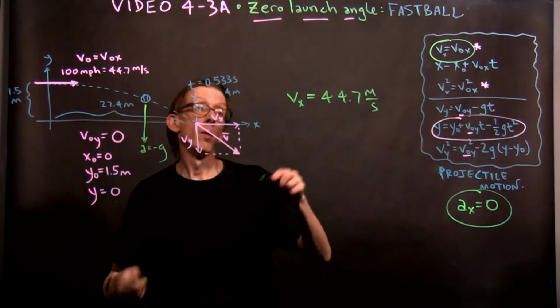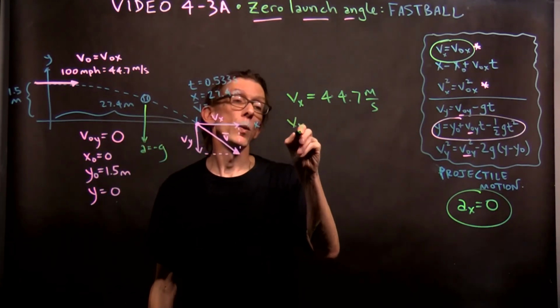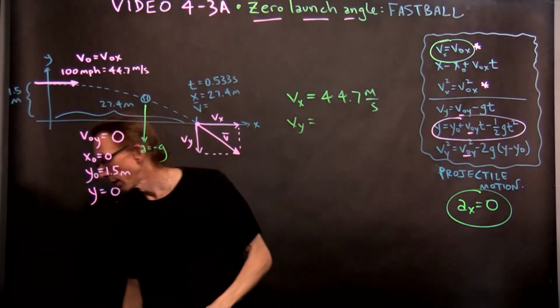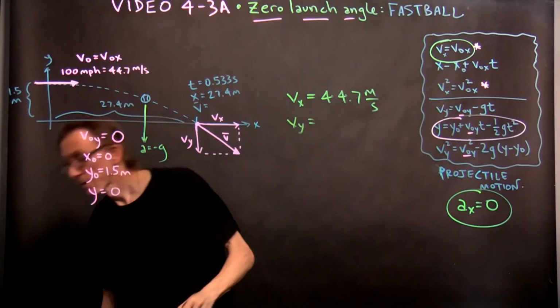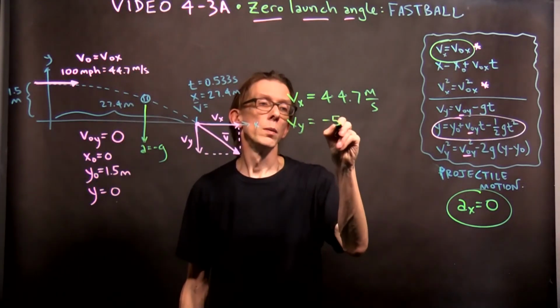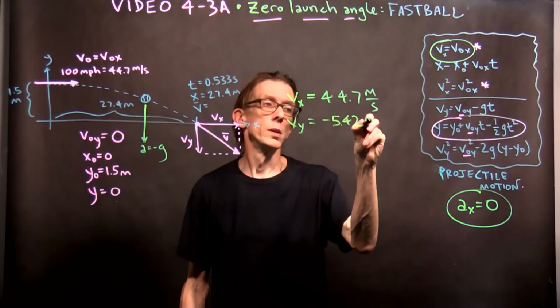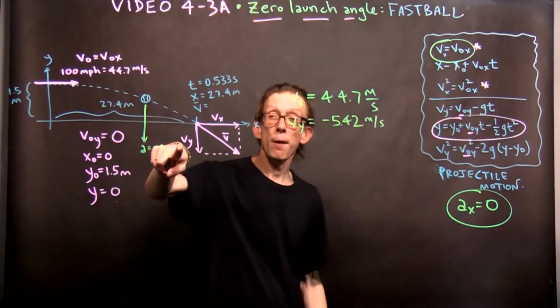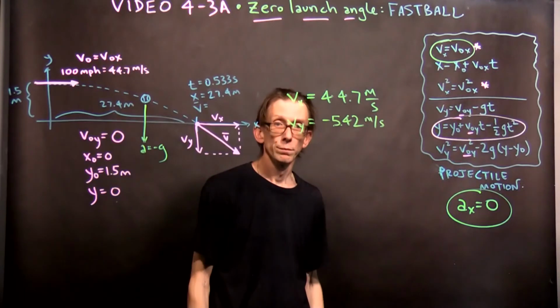Okay. Now, you can prove to yourselves that Vy, and this is the exercise I'll leave for the student, is minus 5.42 meters per second. So this part here is minus 5.42 pointing down.